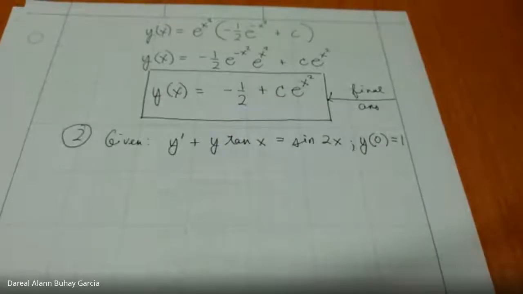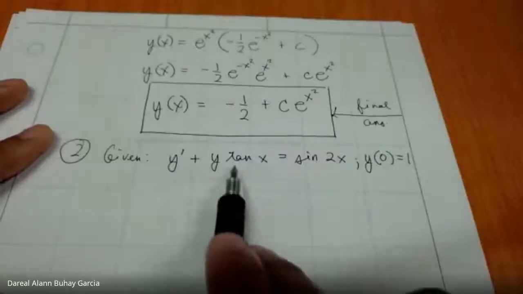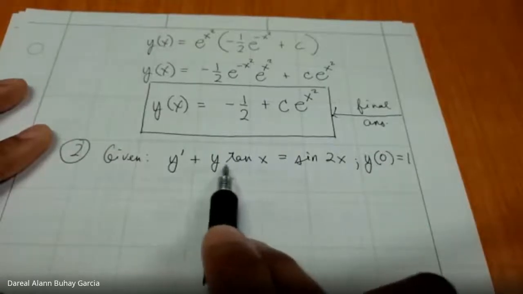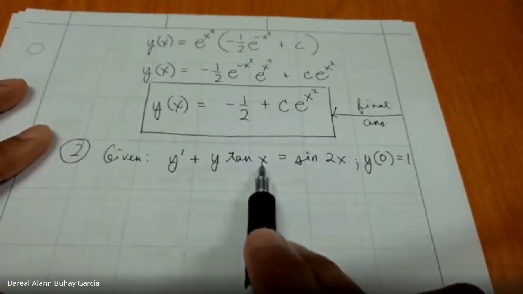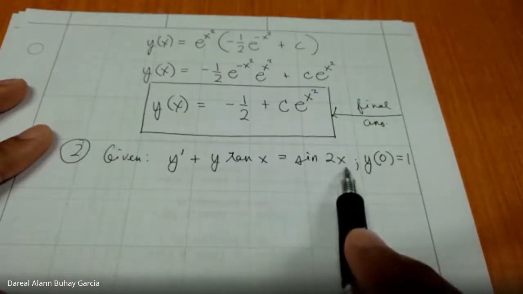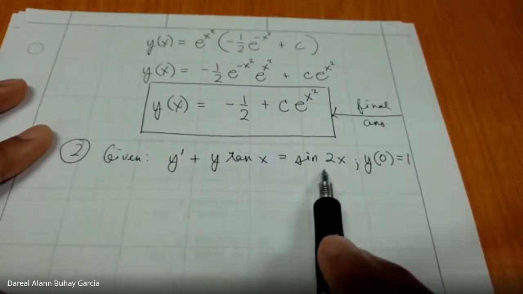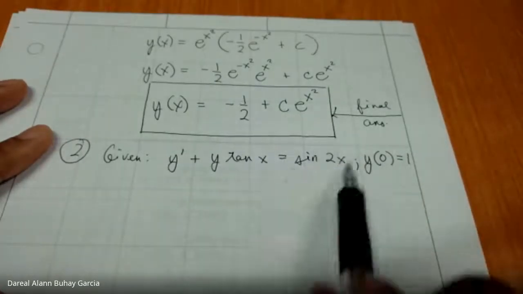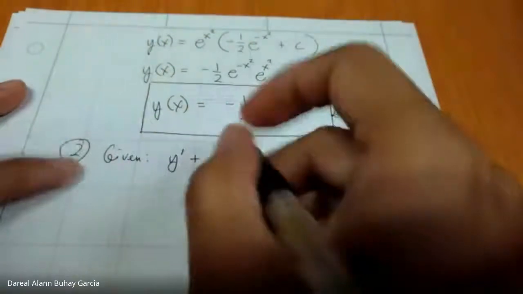Linear? Yes or no? Yes, sir. So our p of x is tangent x, purely a function of x. Our r of x is sine 2x, again purely a function of x alone. And non-homogeneous for that matter because it's not equal to 0.